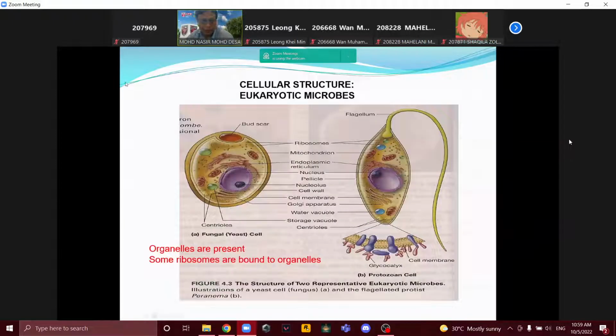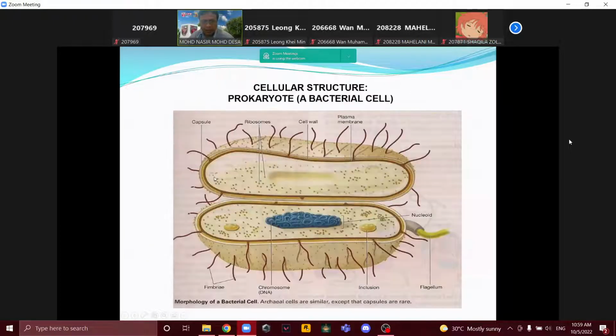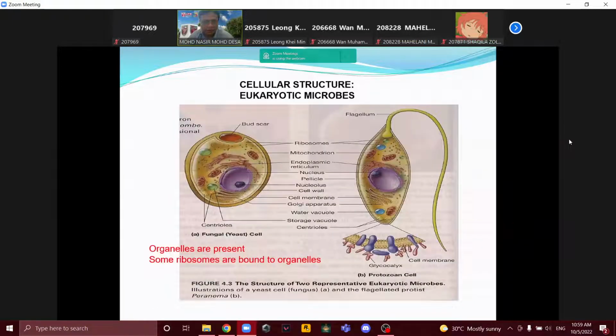And definitely, this is very obvious. You can see there are compartmentalized organelles, and when you look at the prokaryotic cell, there is nothing except the DNA. In fact, the DNA is floating, not like in the eukaryotic cell. There the DNA is encapsulated in the nucleus.